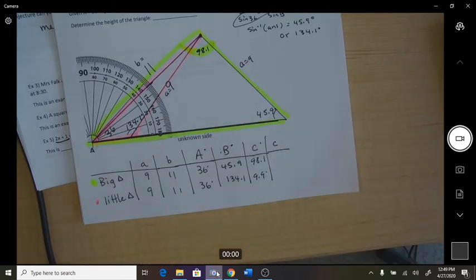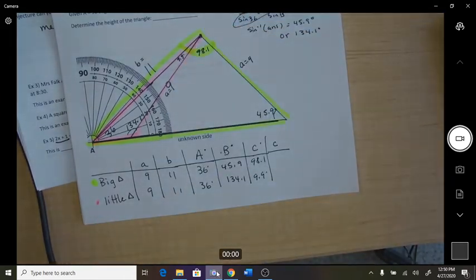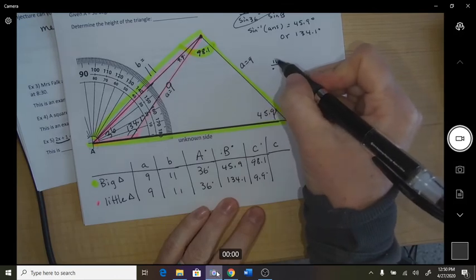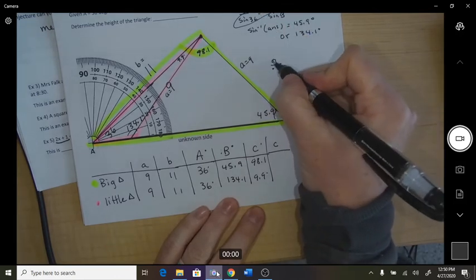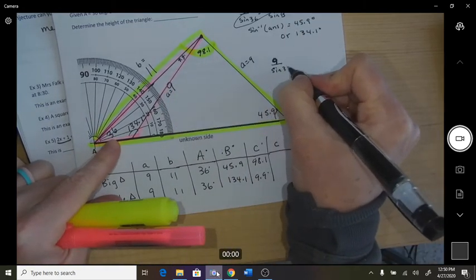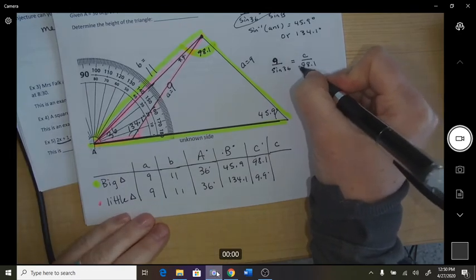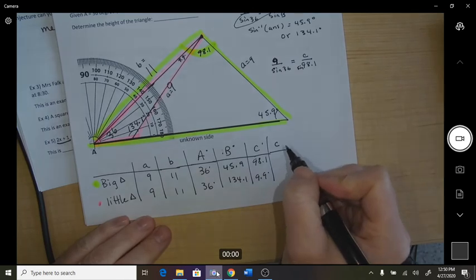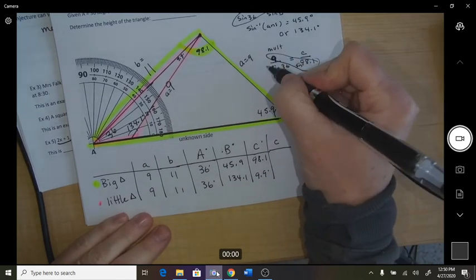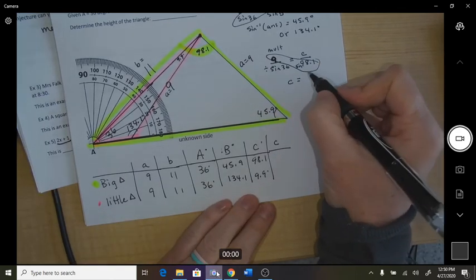So now I can solve for side C. So I'm going to go 9 over sine 36. There's my matchup. 9 over sine 36 equals C over sine of 98.1. And I'm going to multiply and divide. So I get 15.16.